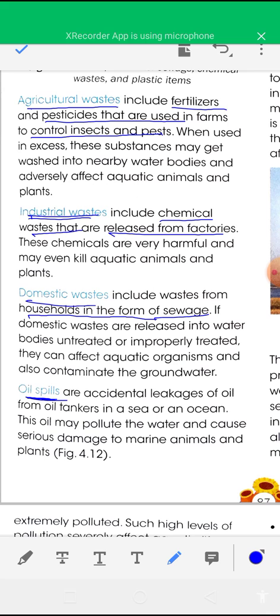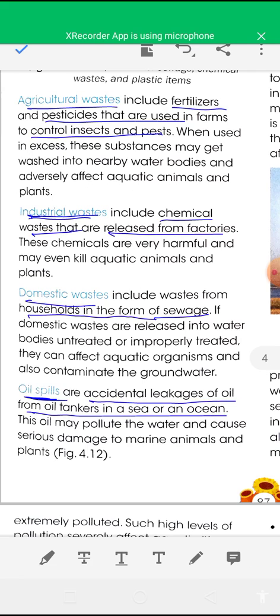Oil spills are accidental leakage of oil from an oil tanker in a sea or an ocean, and this oil may pollute water and seriously damage marine animals and plants.